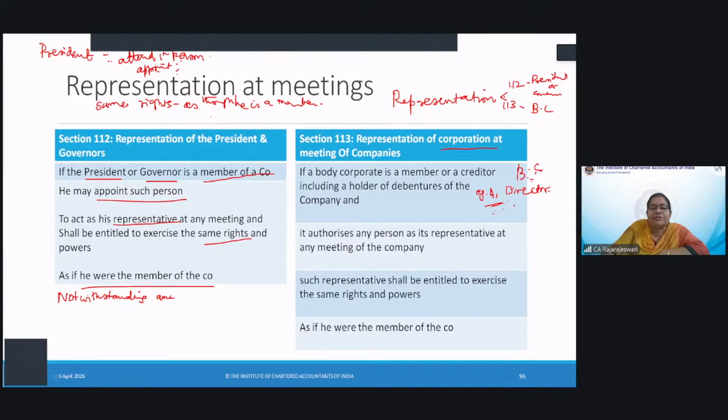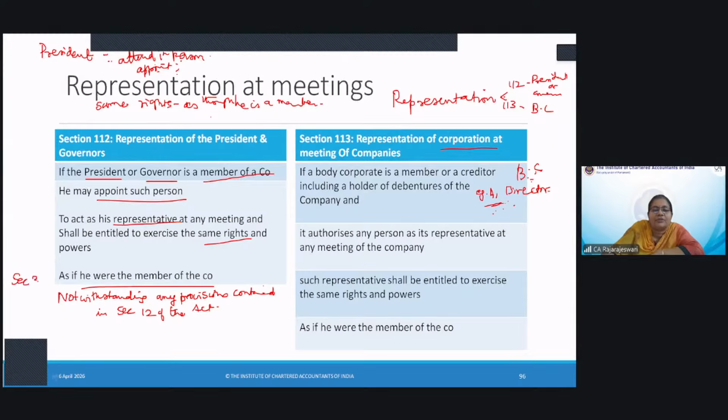Any provisions contained in section... I'm just giving you an example. Section 12 of the Act, if I say. Now, section 30 talks about this.